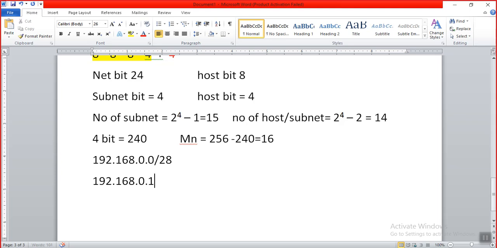So it should be 16/28. Then 192.168.0 dot 32/28. Okay. In this way, what should be the last one? The last one should be 240.